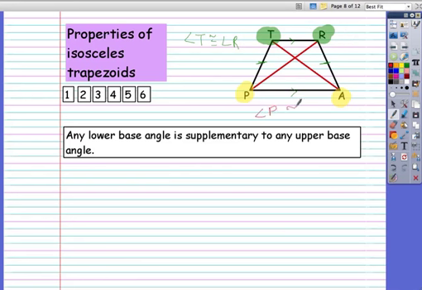Angle P is congruent to angle A. This being true, any angle down here is going to be supplementary to any angle up here. So P and T add to 180 degrees, or P and R will add to 180 degrees. Likewise, A and T can add to 180 degrees, or A and R can add to 180 degrees.